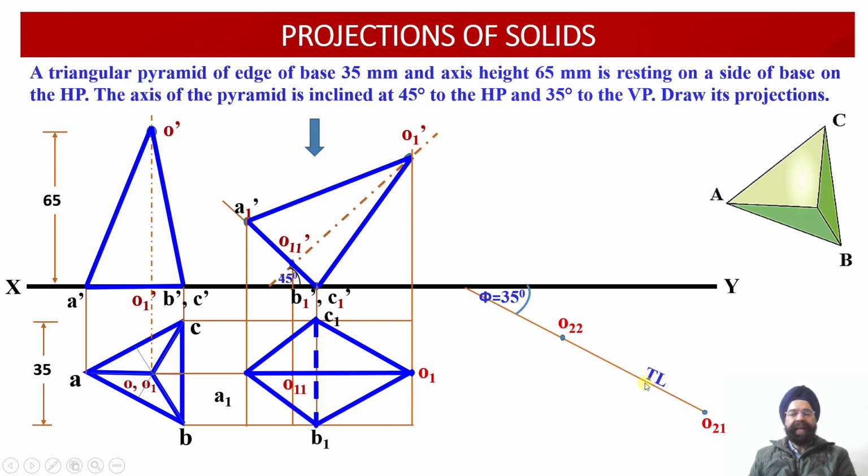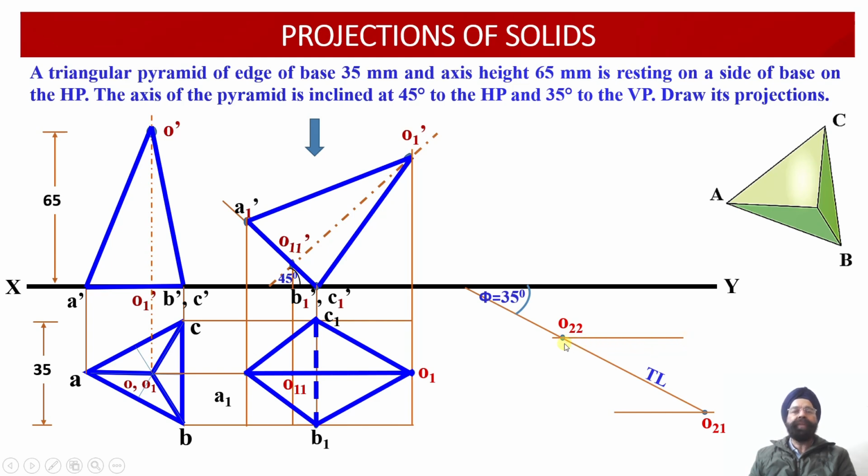Having marked these two points, we have labeled them as O21, the axis point at the top, and O22, the point of the axis on the base of this triangular pyramid. Having located these two points, now we have to draw two projection lines parallel to the XY reference line.